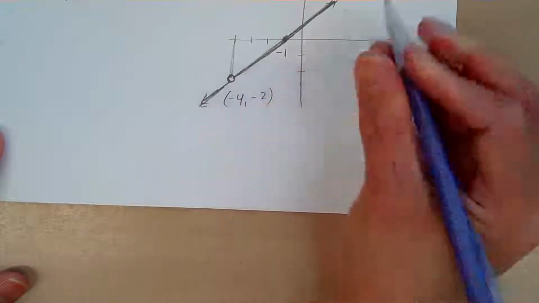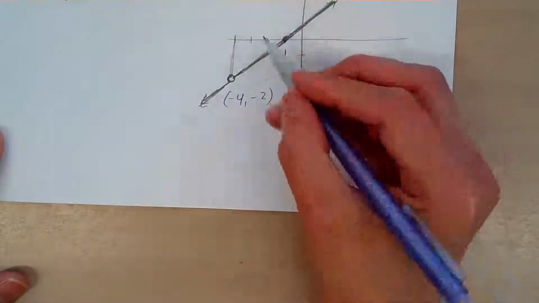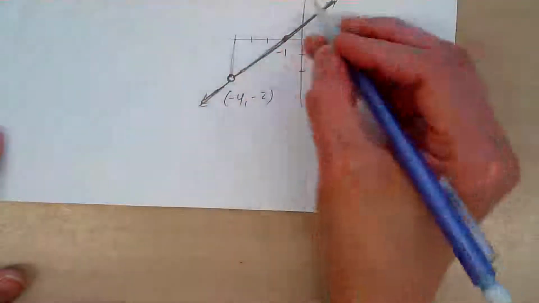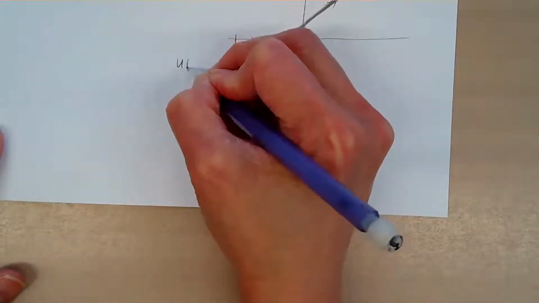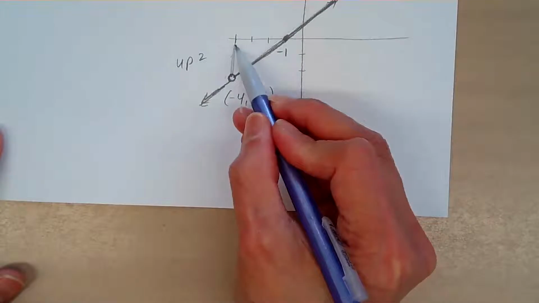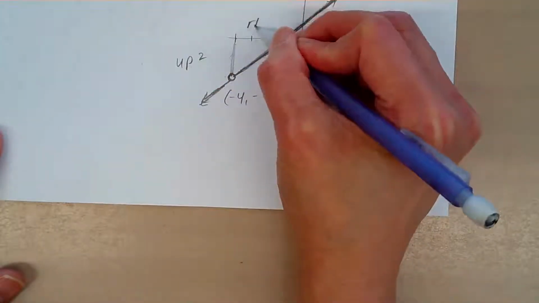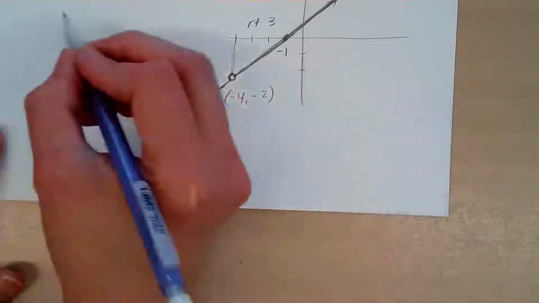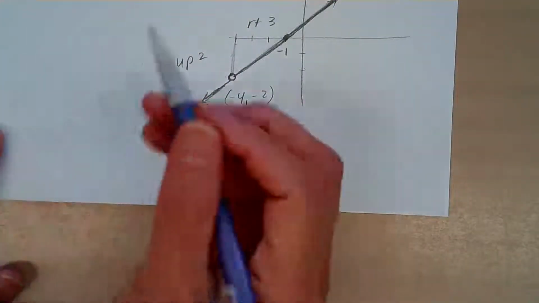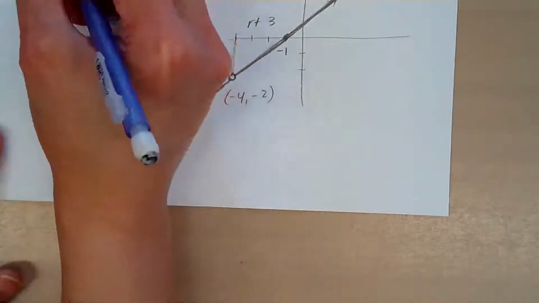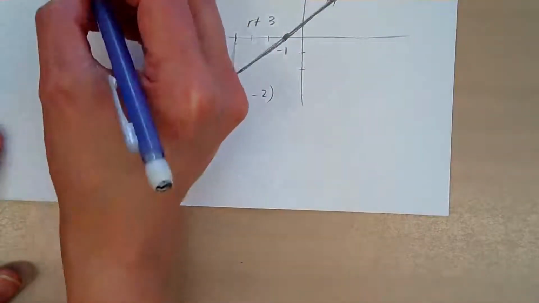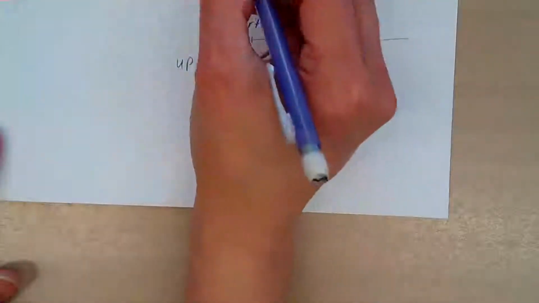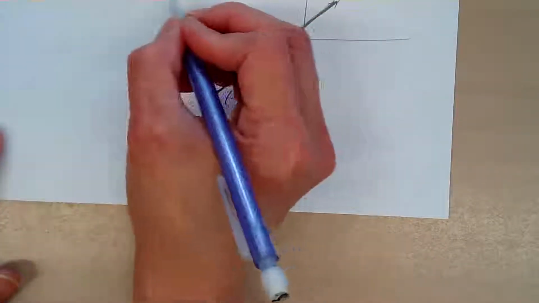From -4, -2, go 1, 2. So slope is up 2, over 1, 2, 3, right? 3. So it should be 2/3. That means the A value here has to be 2/3 to make it work with this.